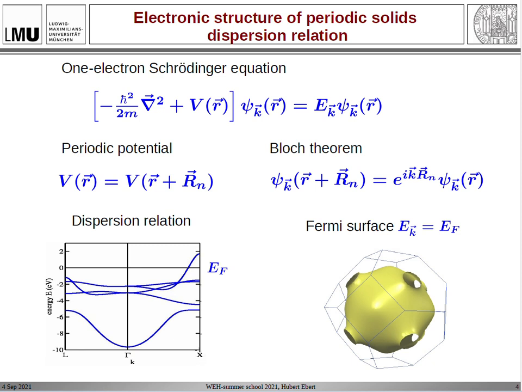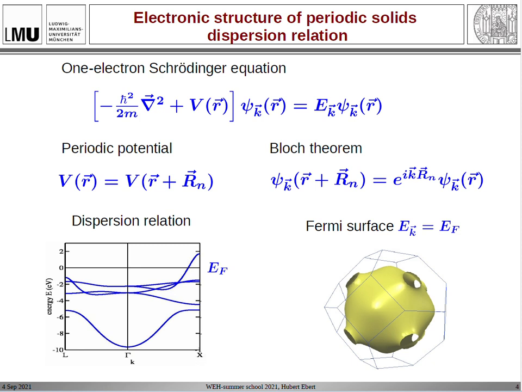Important for us, it is giving first, of course, the symmetry of these solutions to the Schrödinger equation, and it introduces some type of quantum number k, that is, of course, the wave vector. And most important, these solutions to the Schrödinger equation with a periodic potential have the property that they are orthogonal if k and k prime are different. And this is at the end the reason why we have the possibility to solve the equation here for a solid.